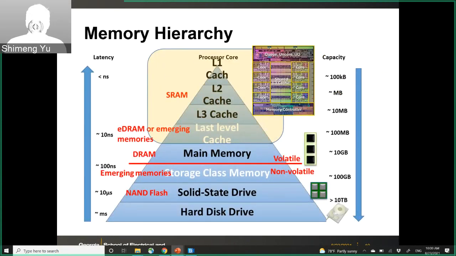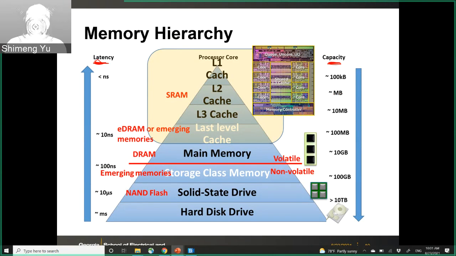All right, then let's look at the memory hierarchy. This pyramid structure basically talks about the trade-offs in the memory characteristics between latency and capacity. Latency means how fast you can read or write the data from those memory devices.